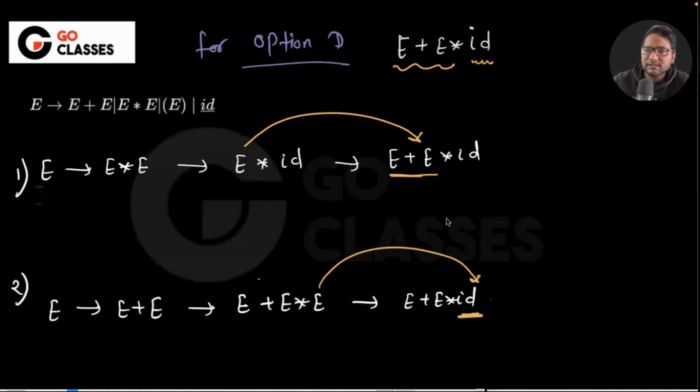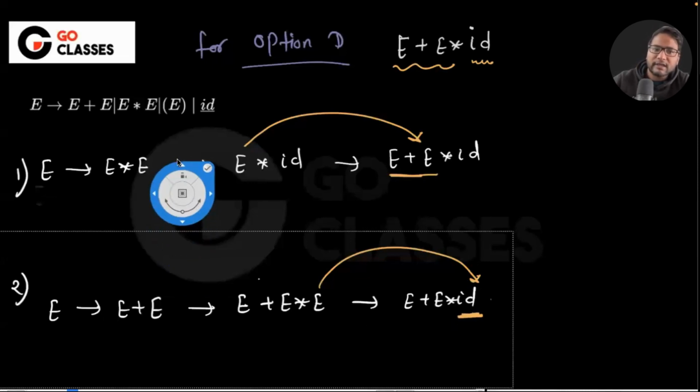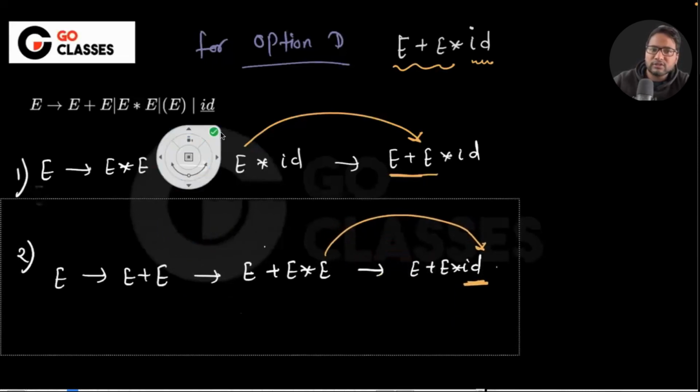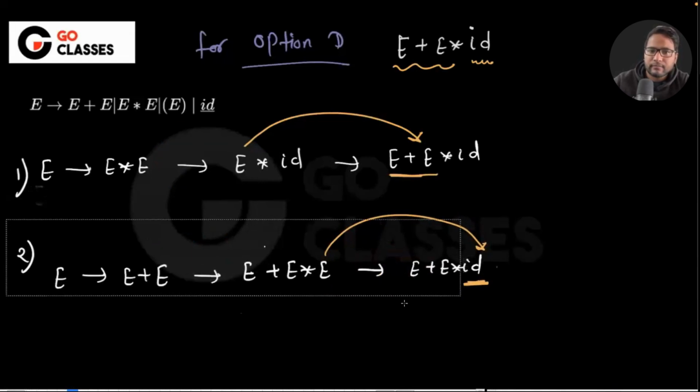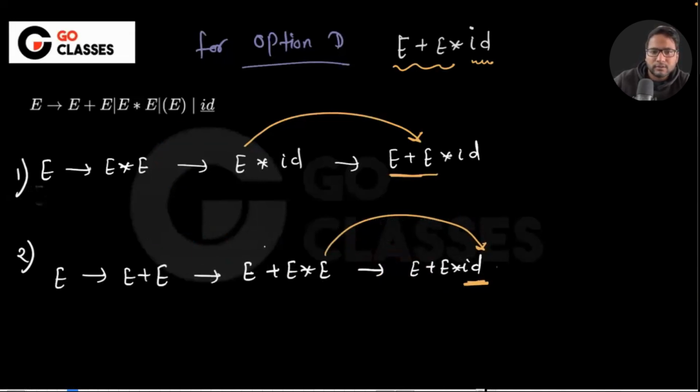So what is the answer here? By the way, tell me, for unambiguous grammar, can this happen? Can you have multiple handles for the unambiguous grammar? Let me know.